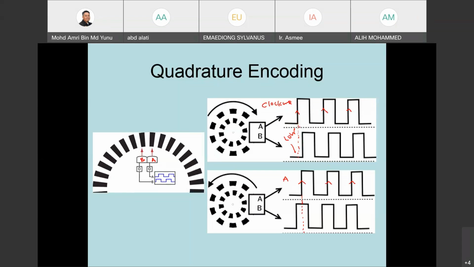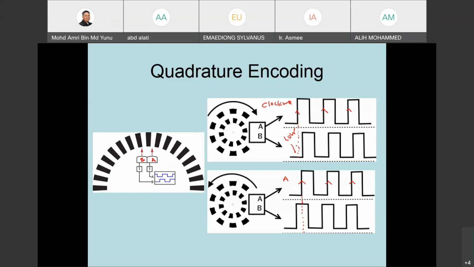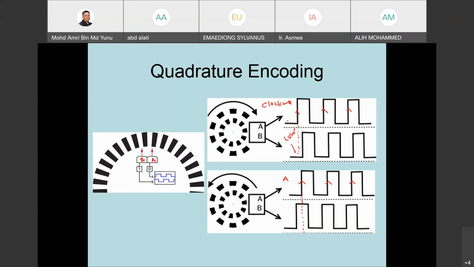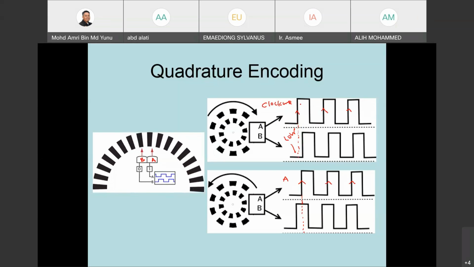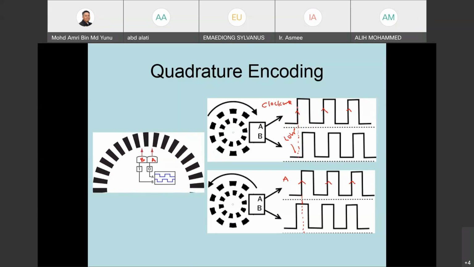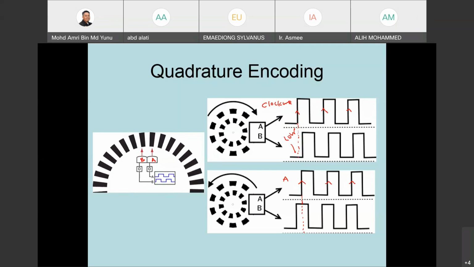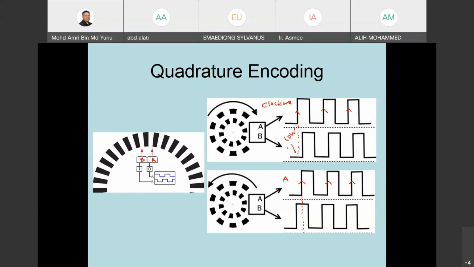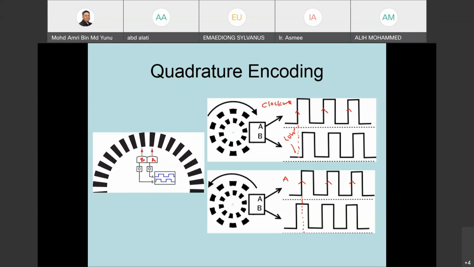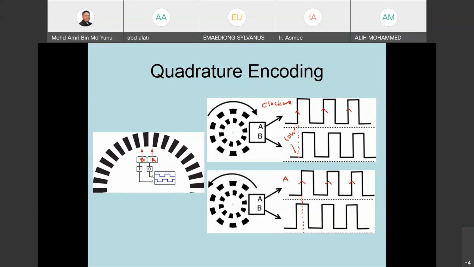So when output A is rising, or increasing from 0 to high, and at the same time output B is low, the system knows that this is moving clockwise.